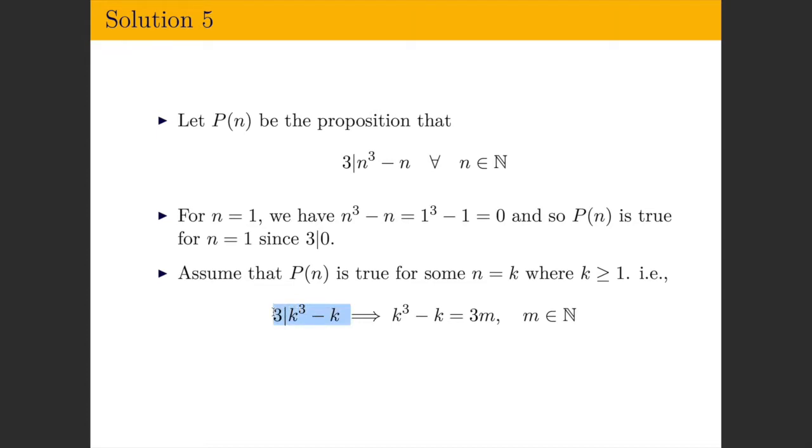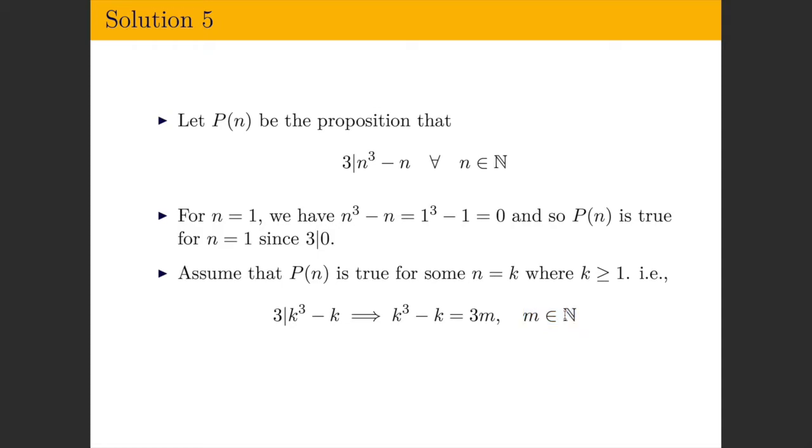3 goes into this. However, we're going to shift this problem into an equality problem by saying, well, if 3 goes into k cubed minus k, then k cubed minus k is equal to 3 times some number m, where m is an element of the natural numbers.